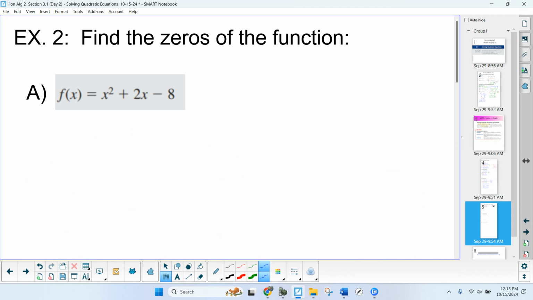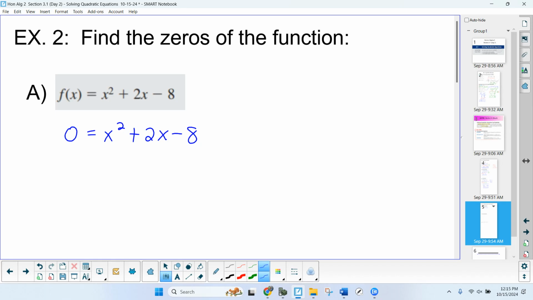So the process is exactly the same with one tiny difference. It says f of x equals. So what are y'all going to let f of x be? That's the only difference. You have to come in and let f of x be 0. That's the only reason it says find the 0 instead of solve. But is it the same process now?